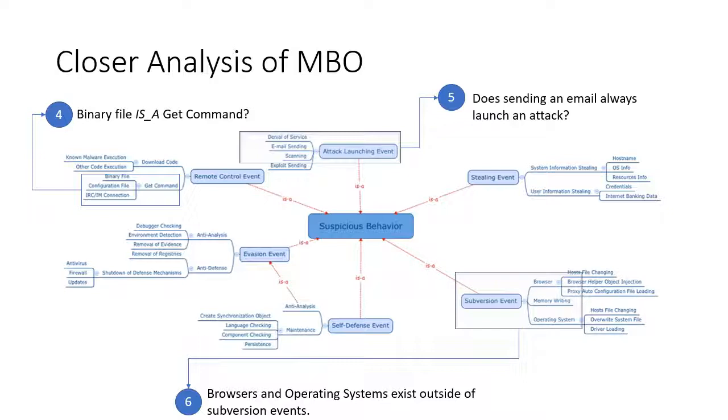I mean, most of the time when I send emails, I'm not launching a cyber attack. Browsers and operating systems exist outside of subversion events. And I mean, a browser is not an event. An operating system is not an event. So there's definitely a lot of inconsistent classifications going on in this ontology.